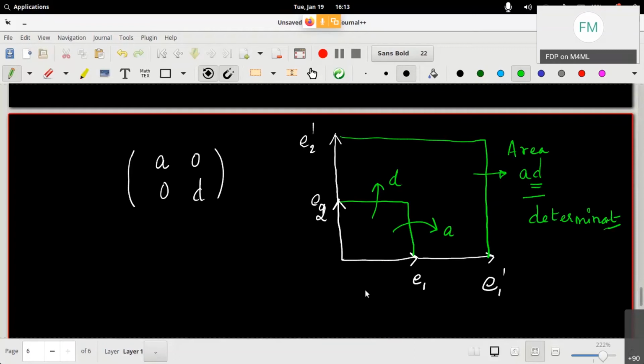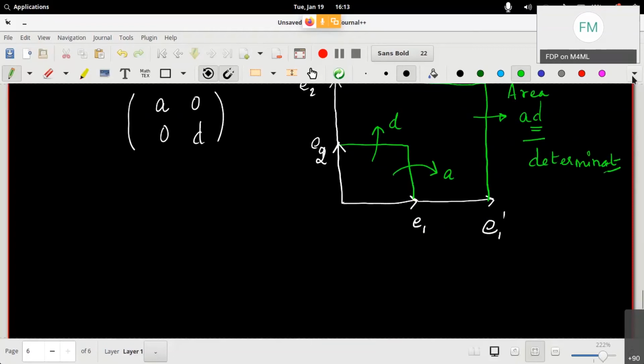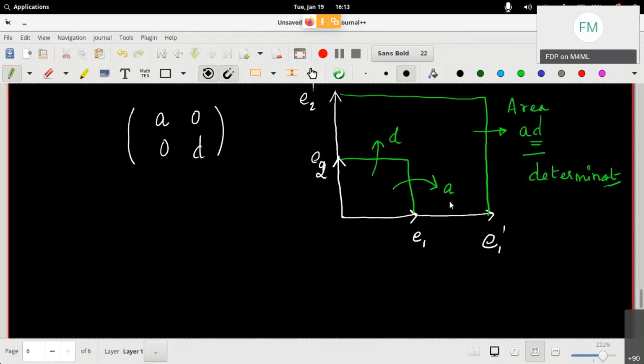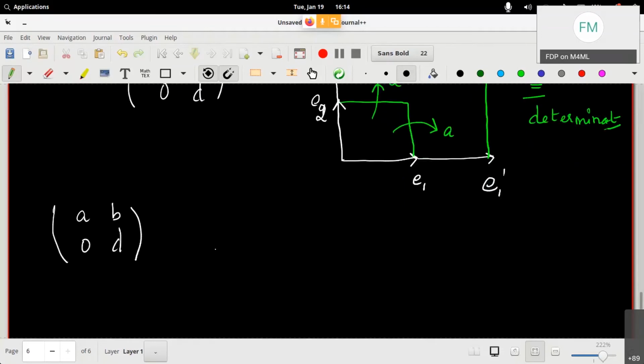So a determinant helps us identify the factor by which you scale space. So you could scale space by A times B. But now, let's take another case, let's say another matrix, suppose I have A, B, and then 0, D. Now what's really happening here is I have E1, E2.